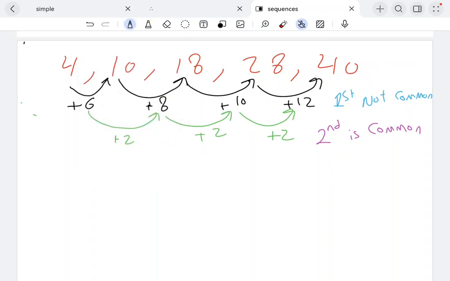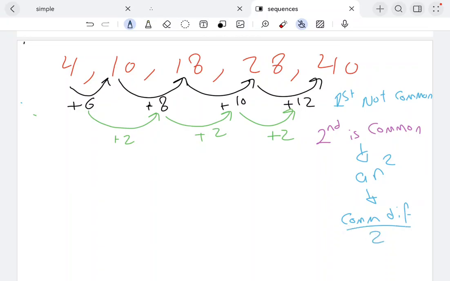I know now that this is going to be n squared. But what about a now? What's going to be a? A is the common difference divided by 2.